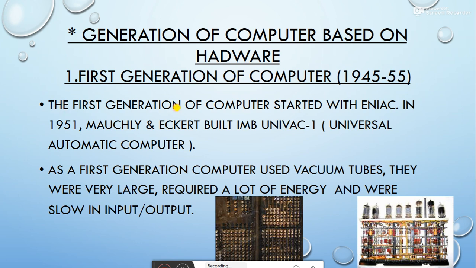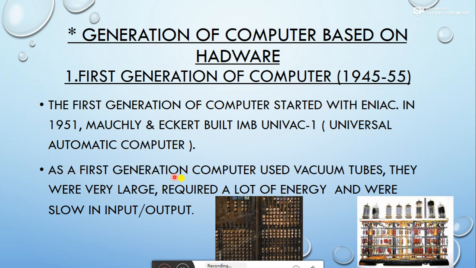The first generation of computers started with the ENIAC machine, then in 1951 Mauchly and Eckert built the UNIVAC, that is Universal Automatic Computer.